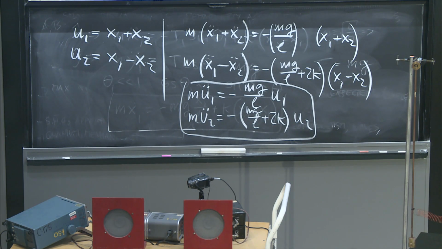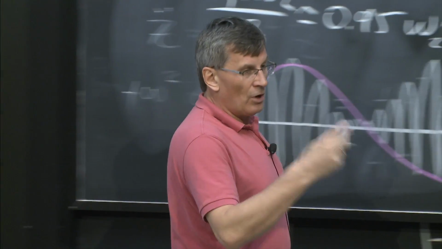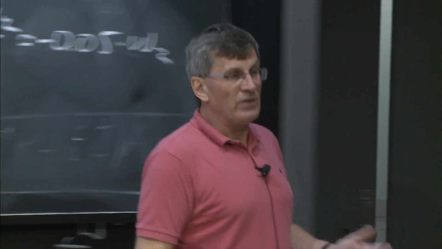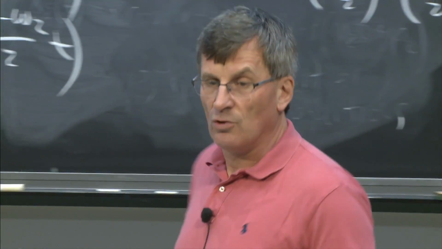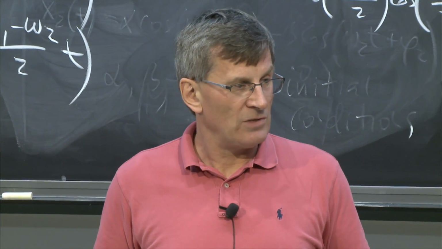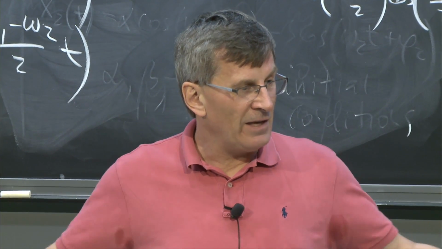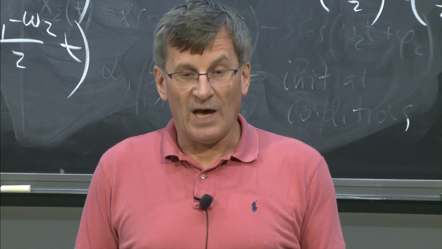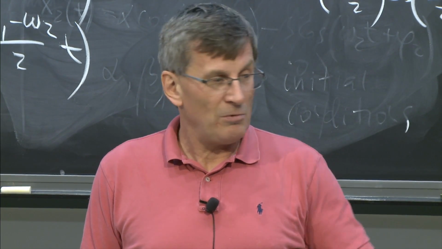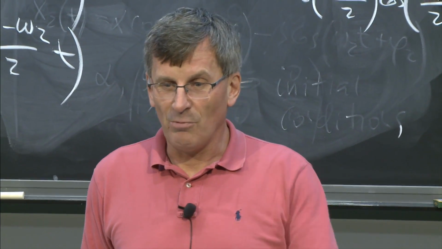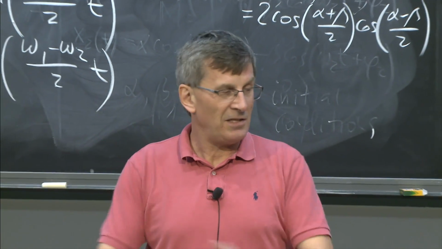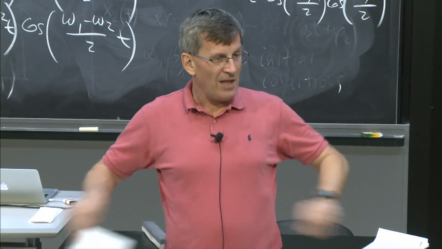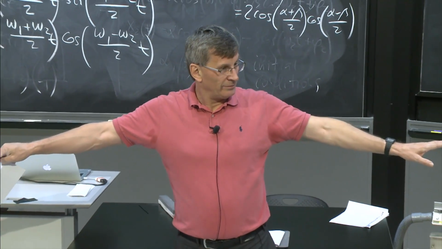Each of them is the equation of a one-dimensional harmonic oscillator. The first one only depends on u1. The second one only depends on u2. And you can see the oscillating frequency with your own eyes. So no determinants needed, no matrices, nothing. We just added and subtracted two equations, and things magically separated.